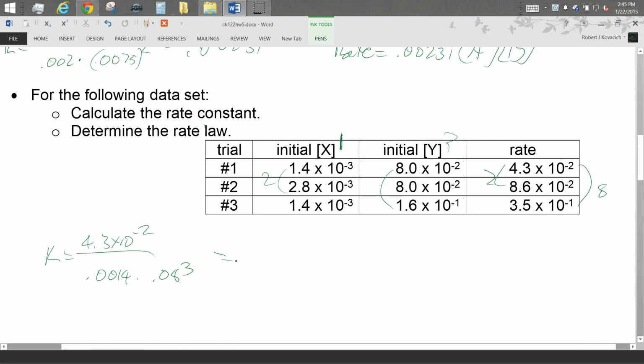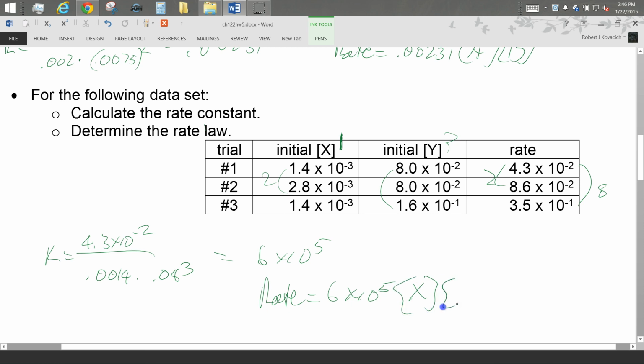So 0.043 divided by 0.0014 divided by 0.08 cubed. 6 times 10 to the 5th. So its rate is equal to 6 times 10 to the 5th.